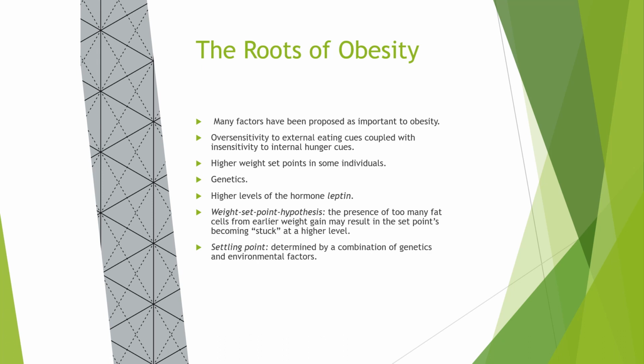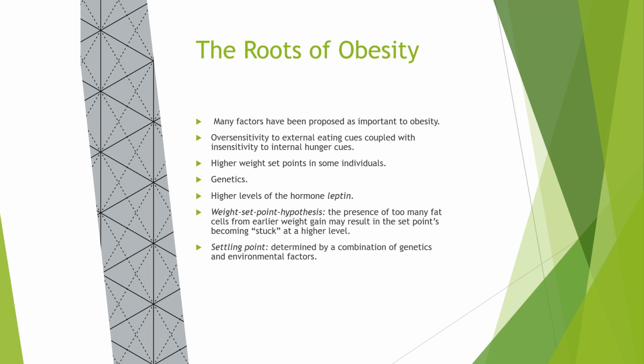We also have what's called a settling point. This is determined by a combination of both genetics and environmental factors. And I think there is some truth in that. It's not just genetics and it's not just the environmental factors, but perhaps it is a combination of the two of those that play a part.